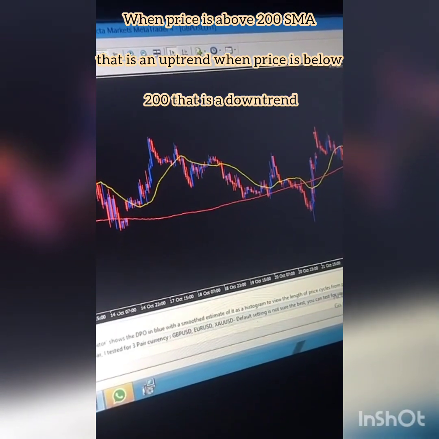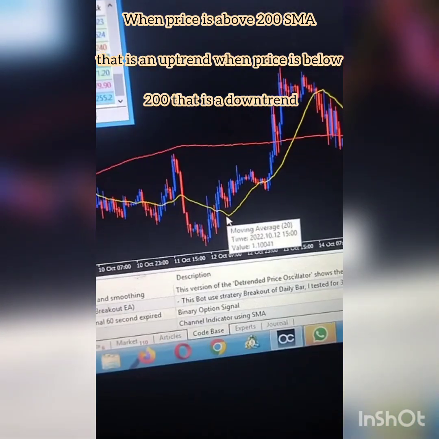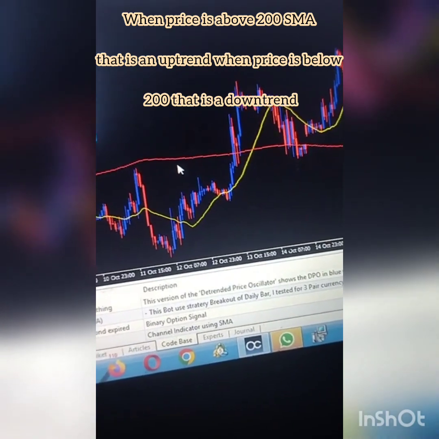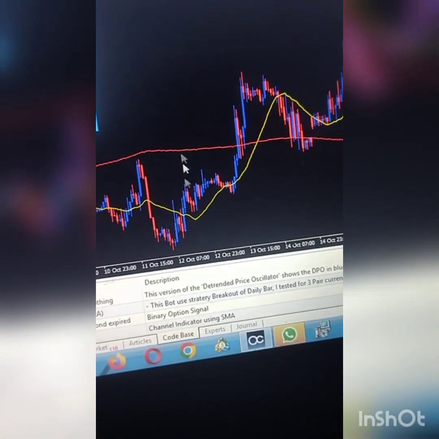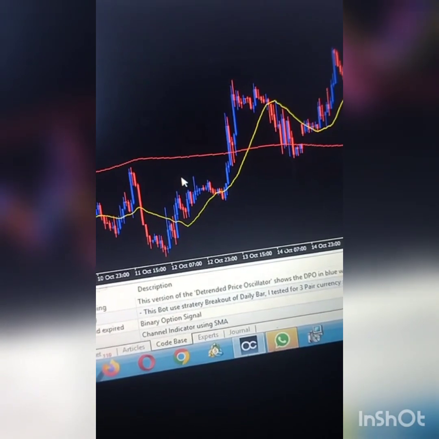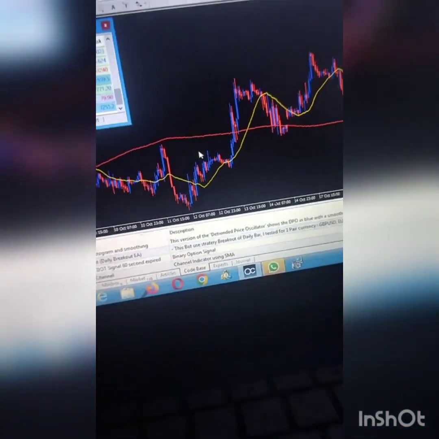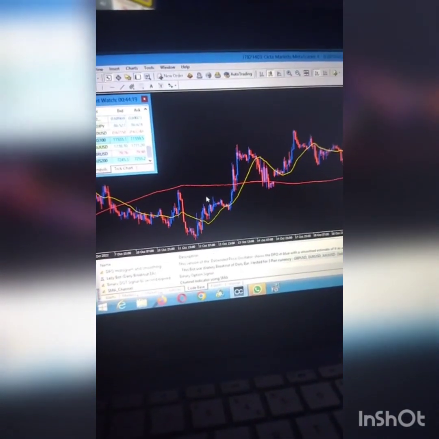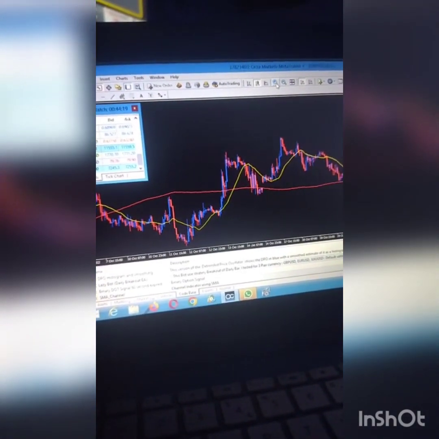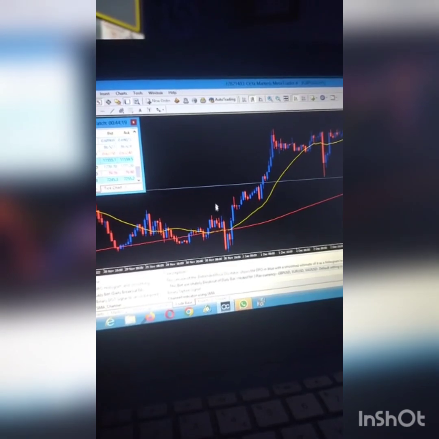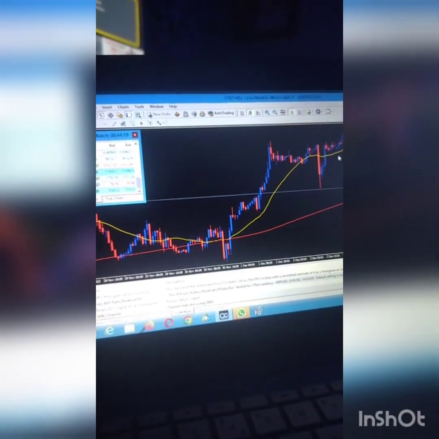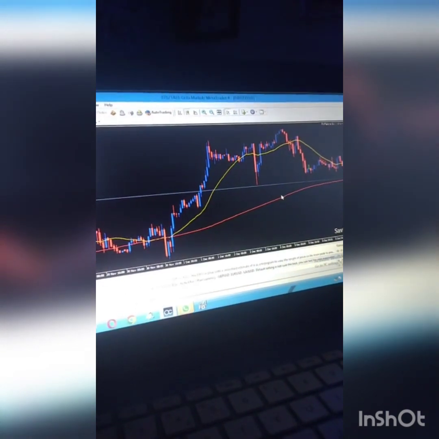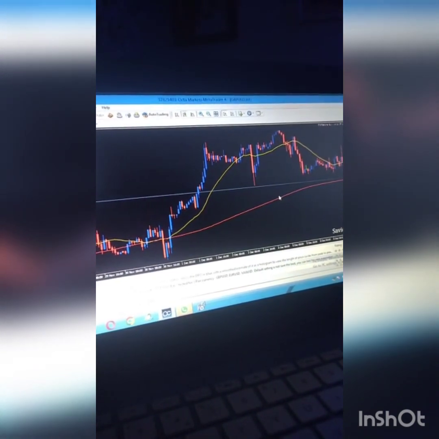Now you can see that from here to here, I don't know if you can see. From here to here is far from each other.